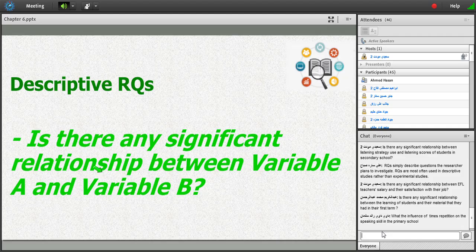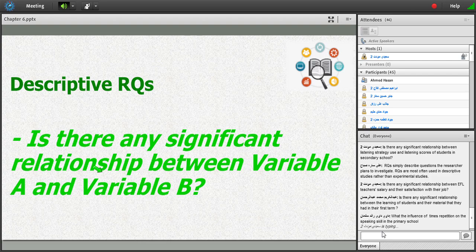So you can restate the question like this. Is there any significant relationship between the times of repetition and the speaking skill in the primary school? Okay, so you can ask the question like this. I write it for you.